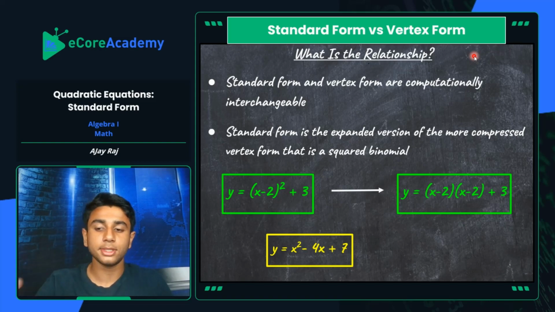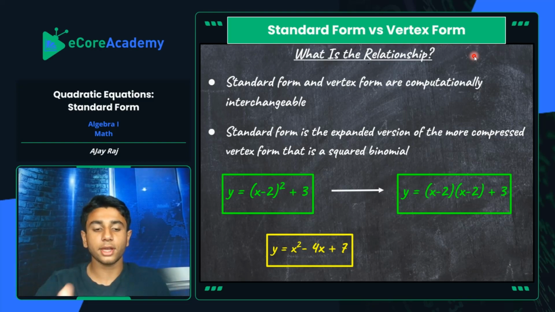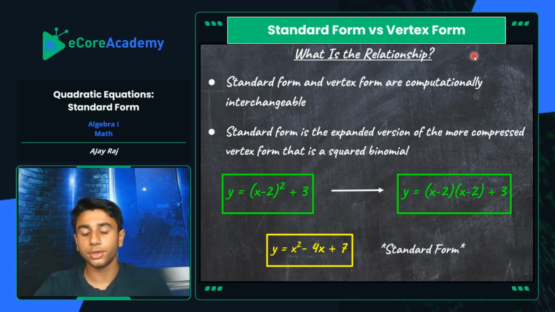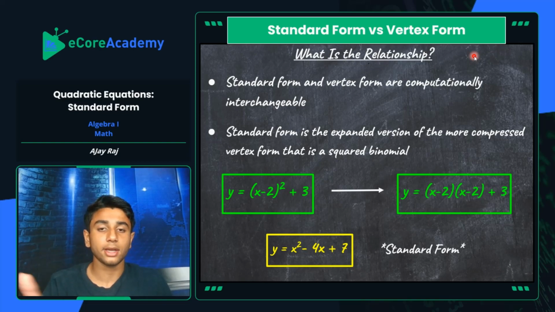So negative 2 times negative 2 is going to be 4. And then, of course, you're adding that 3 on the right-hand side, your c value, and that's going to be 7. So it's x squared minus 4x plus 7 as your final answer. And this, of course, is your standard form. Just like I said, your ax squared plus bx plus c. That's the same form.